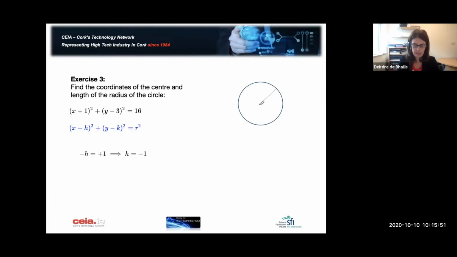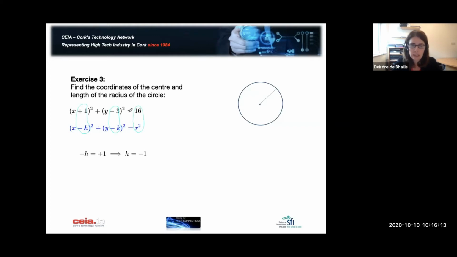And what we are doing here is we are comparing h and k in the general equation to the equation we have been given, and r as well. We're going to be very careful with the minus signs in this. We're going to take the full minus sign.